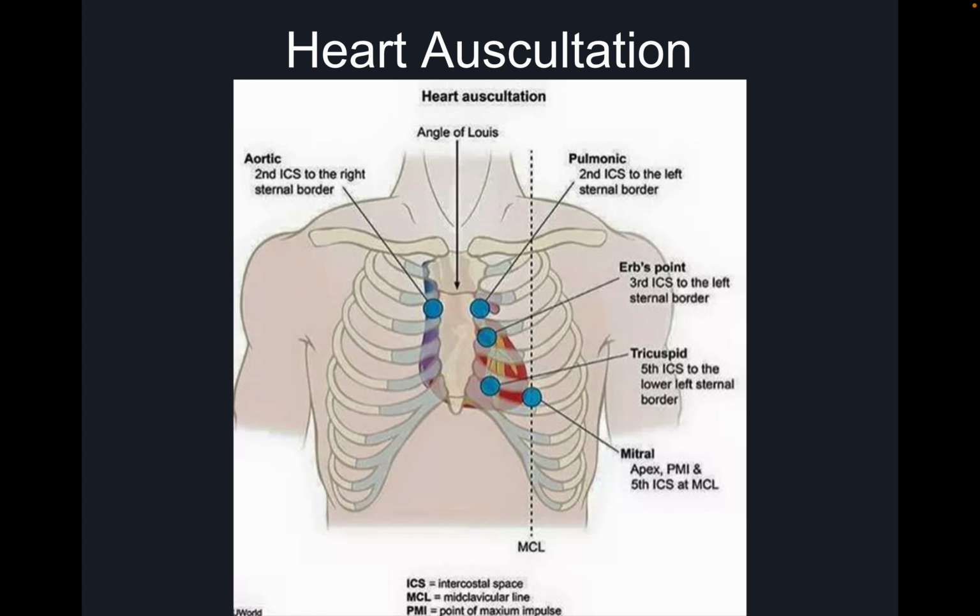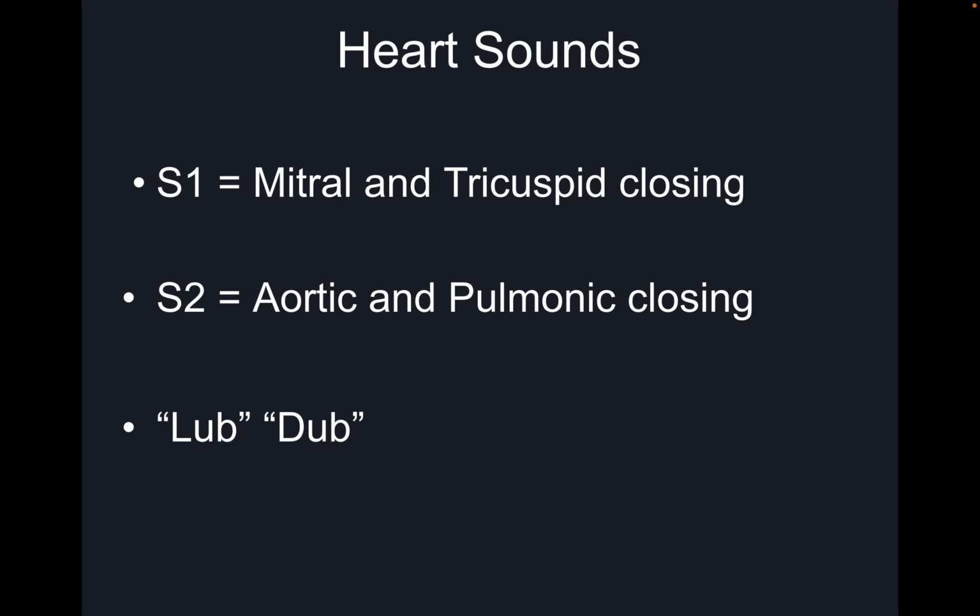Auscultating in these different areas is going to help isolate important sounds that are often heard best at different areas. Sometimes folks will use mnemonics to remember this. Some people use "All Physicians Take Money," whatever works for you. The important sounds that you want to be listening for are the typical lub-dub, and that is an S1 and an S2.